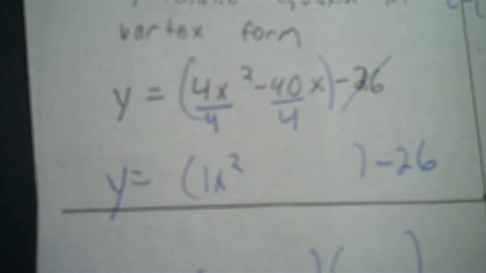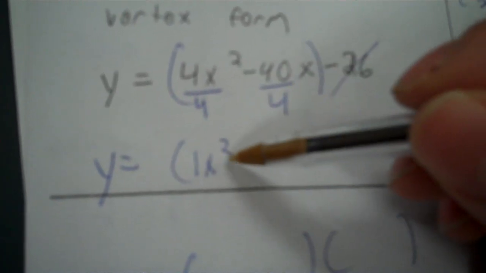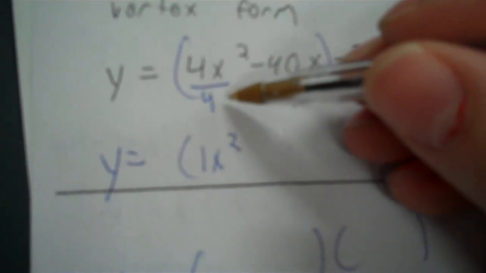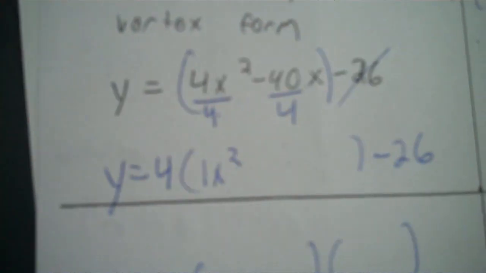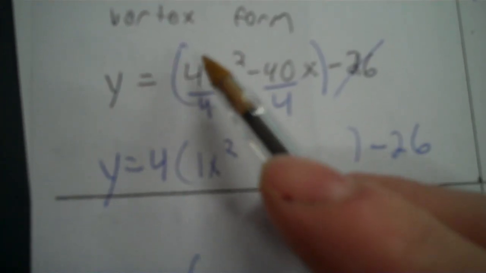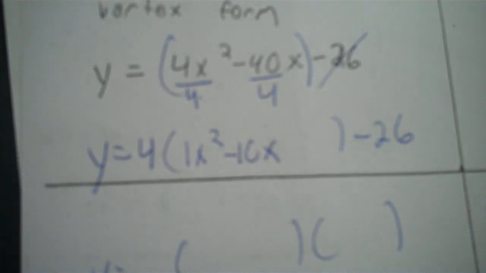I need to divide by 4, but I also need to divide the negative 40 by 4. Now this 4, not 4x, because we want it to stay x to the second. We don't want to put an x down there and have to make it 1x. Now this 4 I'm dividing by, you don't just get rid of, you bring that out here. So again, whatever I'm dividing by comes out here. That's 1x to the second minus 10x.